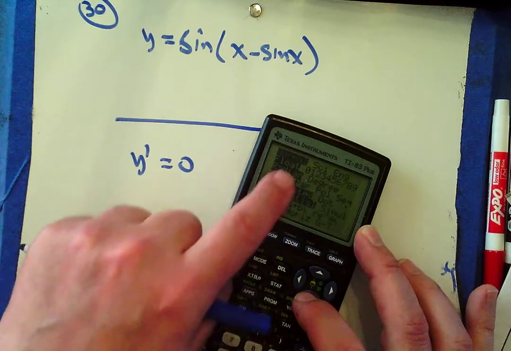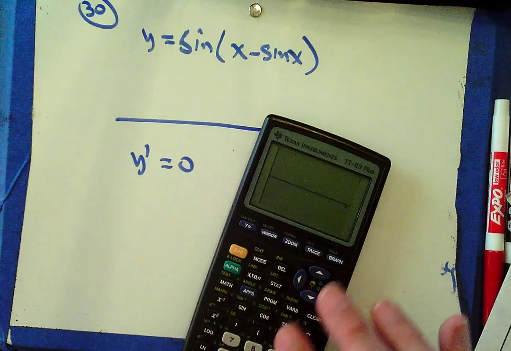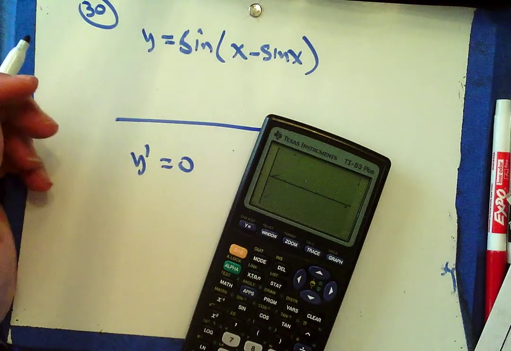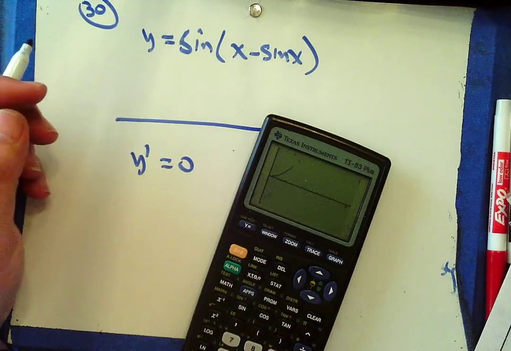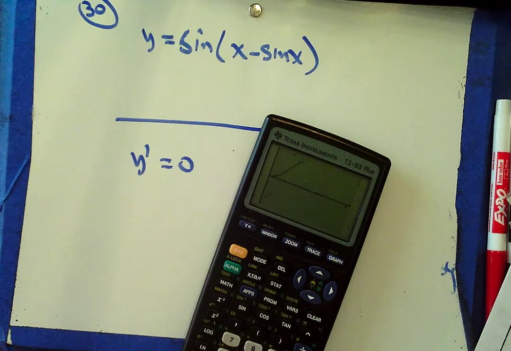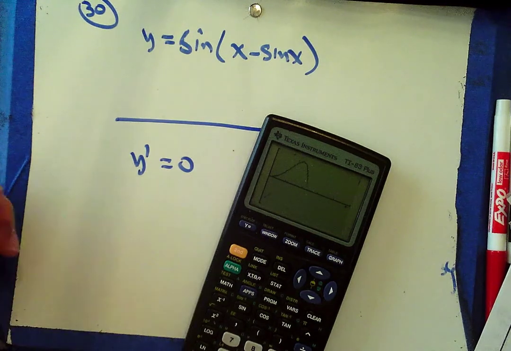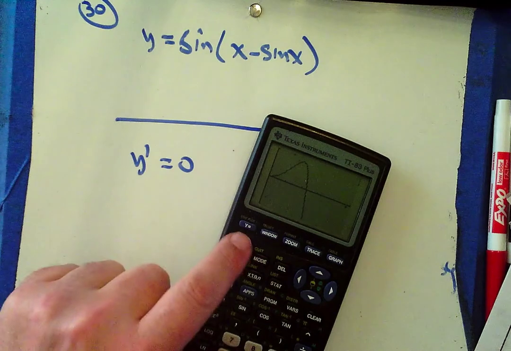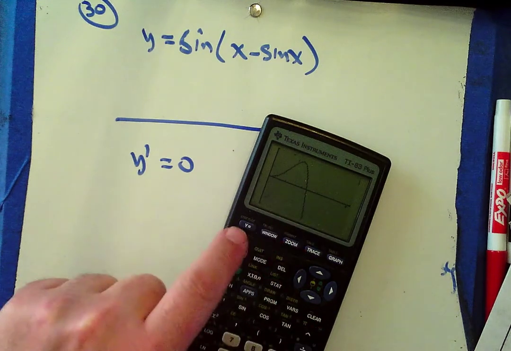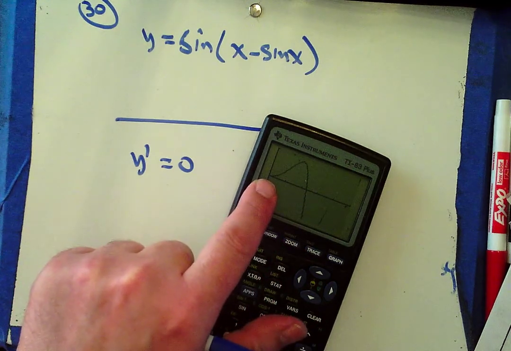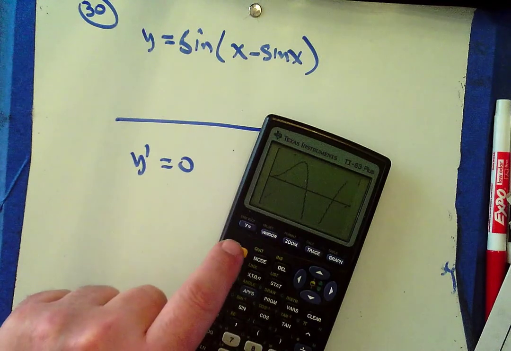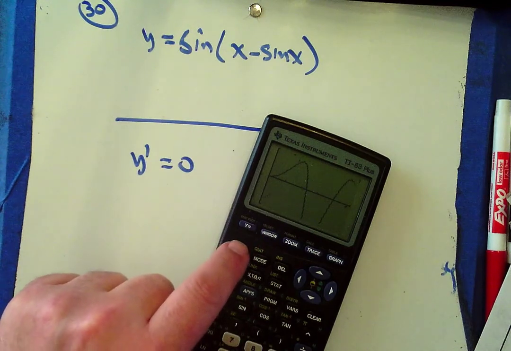Make sure that I'm in radians and graph. Okay, that looks like the first one, unless we're counting 0. No, we're not counting 0, because 0 isn't positive.